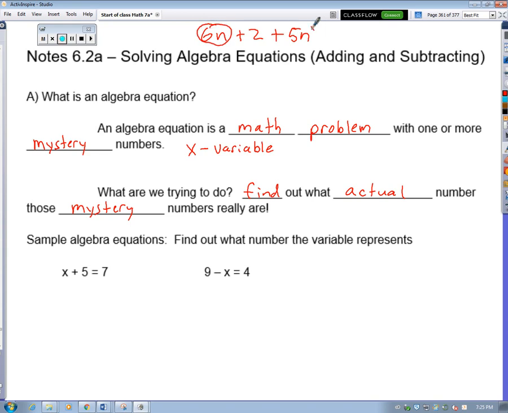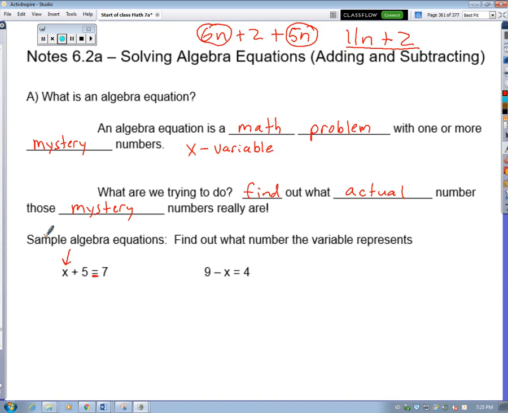Like the n's, we could add those together to make it 11n plus 2. All we could do in 6.1 was simplify, make the math problem shorter, just like that. Now we can solve, and the reason we can solve is because of this guy right here, the equal sign. Now we can actually solve and find out what mystery number these variables are.